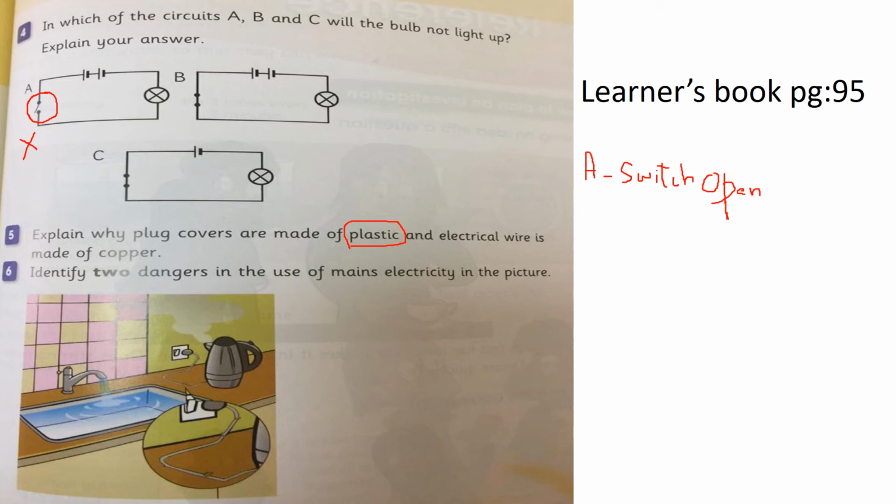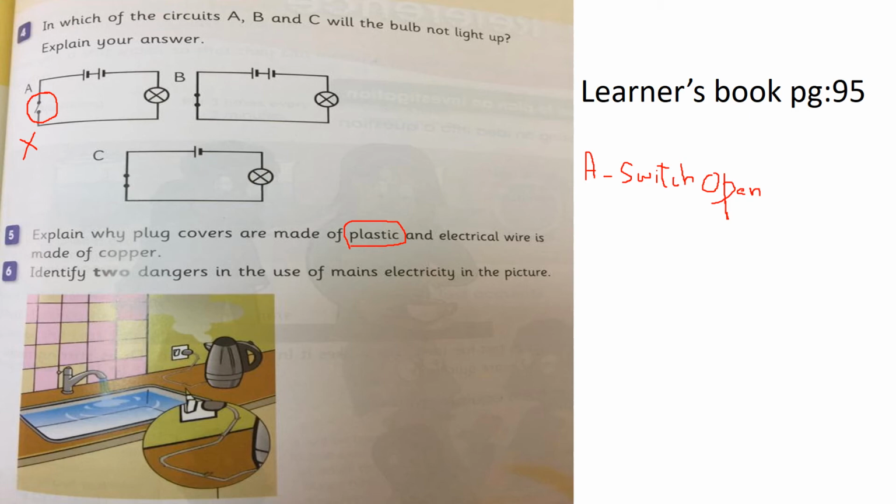Because the wire is the only way from where the current passes through, right? That's why we use metal here, right? And for plastic, why? For the insulation, so that no current passes through it, and it is safe for us.